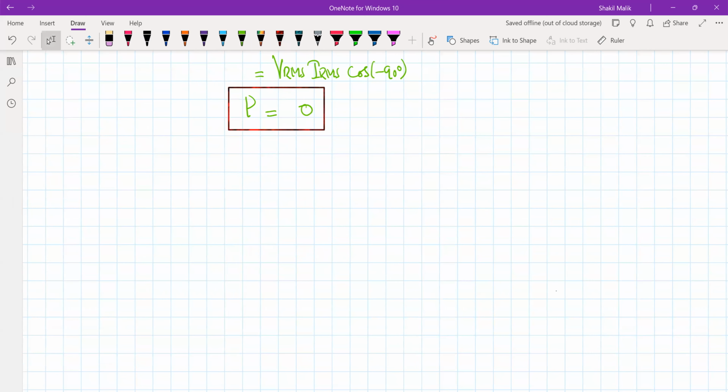So what is the meaning of this statement? Capacitor does not consume power. Now, how do we define the reactive power?